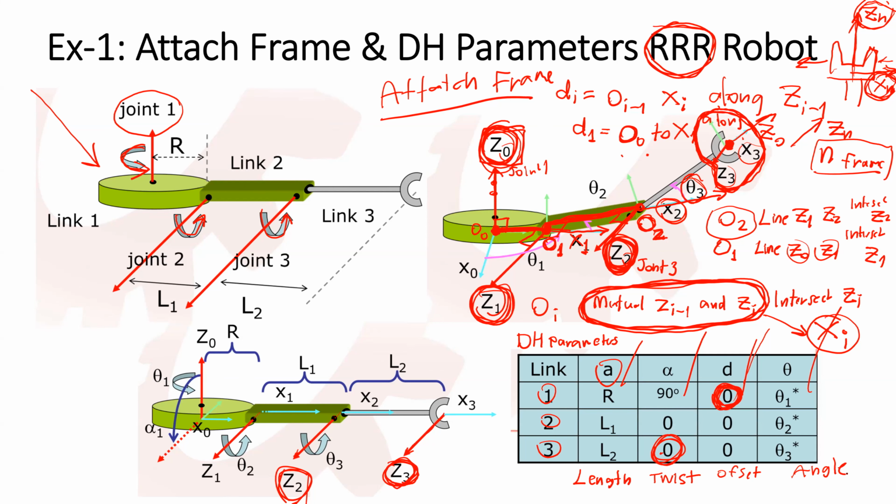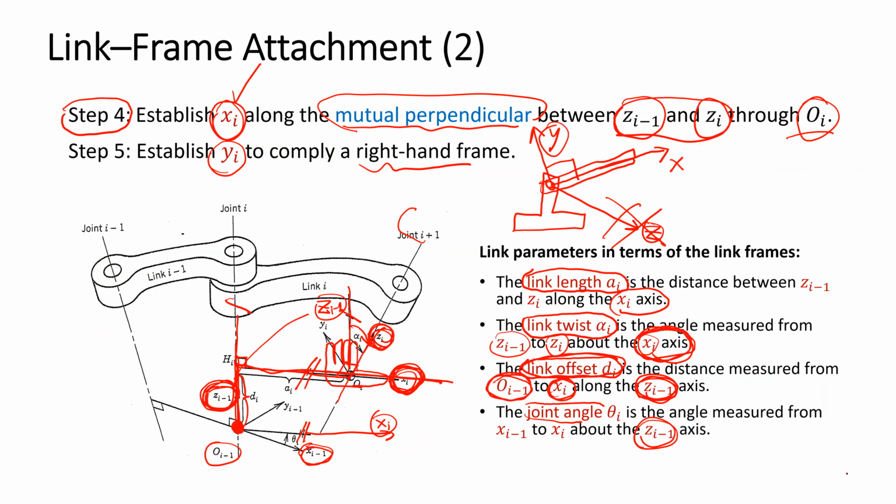By definition, the link length is the distance between z(i-1) and zi along the xi axis.